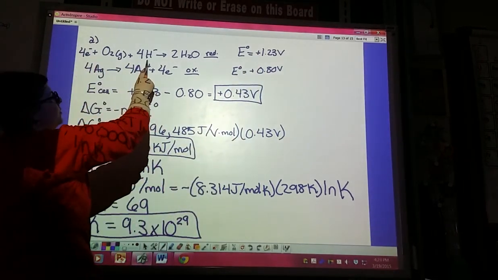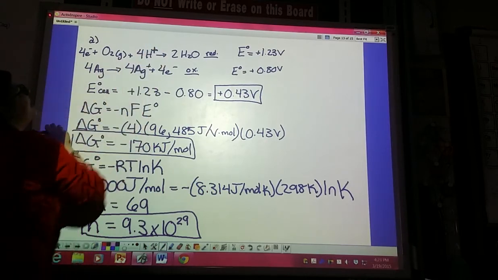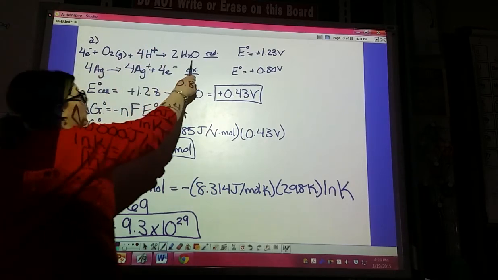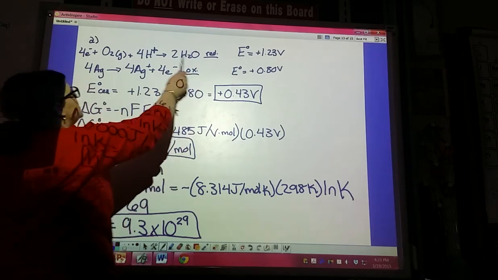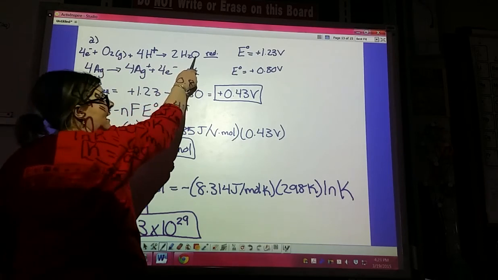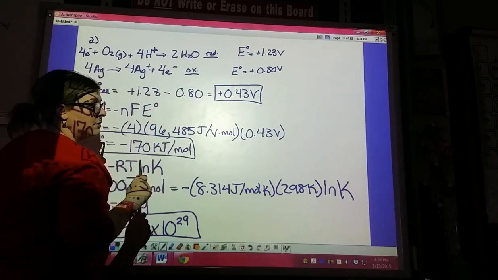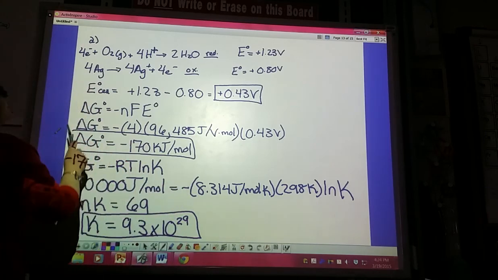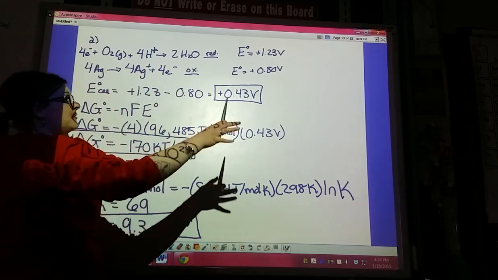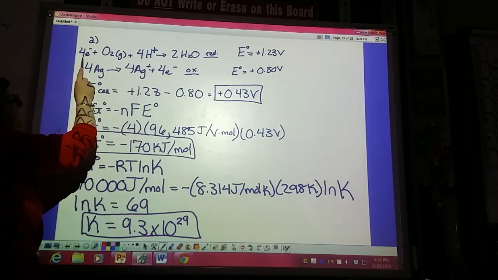I have oxygen reacting with hydrogen ion to make water. So I'm going from a charge of 0 for oxygen to a charge of -2, meaning that this has to be my reduction half reaction. To balance electrically, I added 4 electrons to my reduction half reaction here.